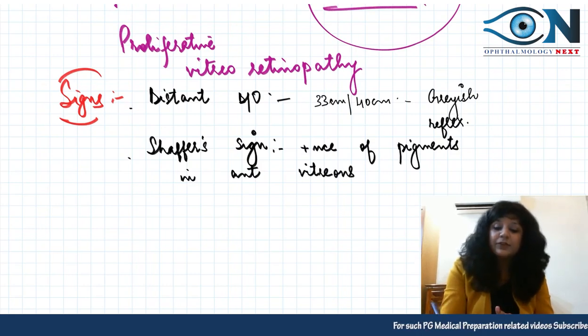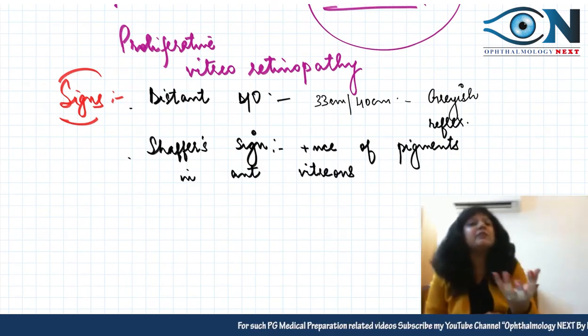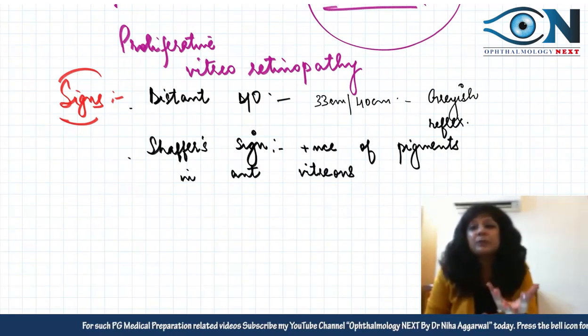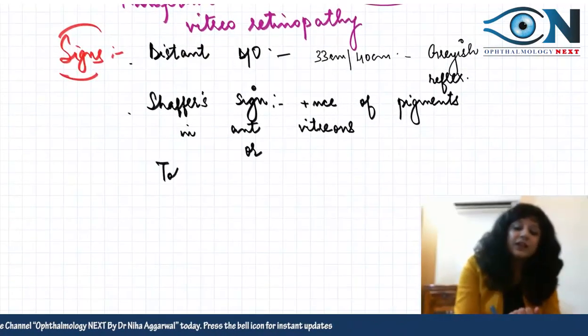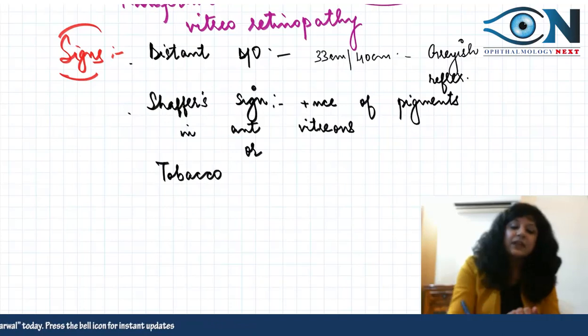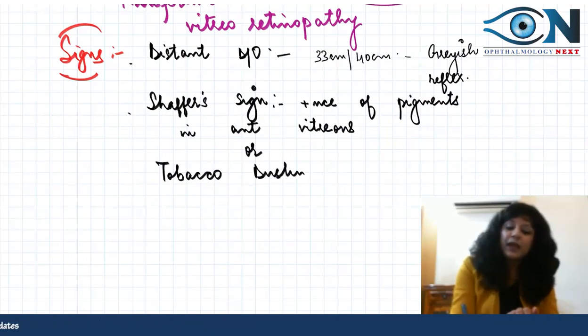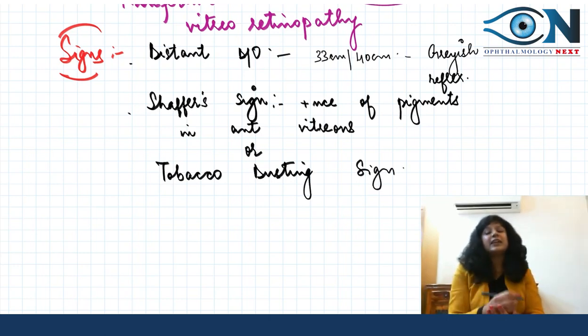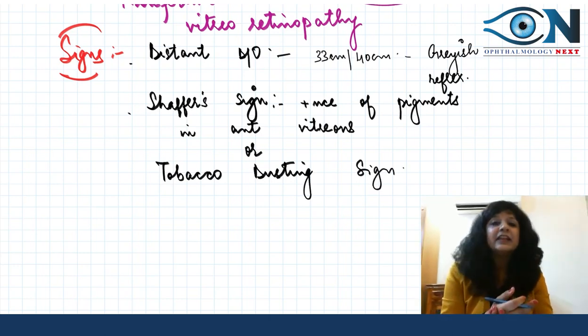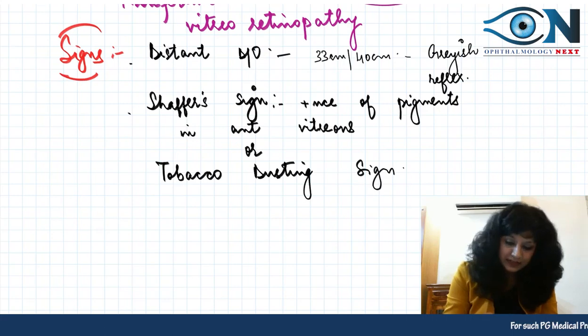We will be having the dispersal of the pigments and they will be found. It is just like dusting of the pigments in the anterior vitreous. Therefore, it is also called the tobacco dusting sign. Like this time they have asked you the shifting fluid sign. Next time they can ask you the Schaffer's sign or this tobacco dusting sign.